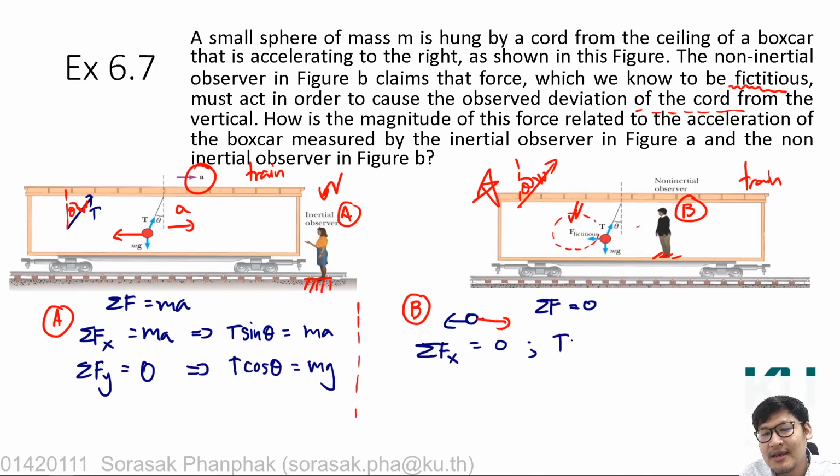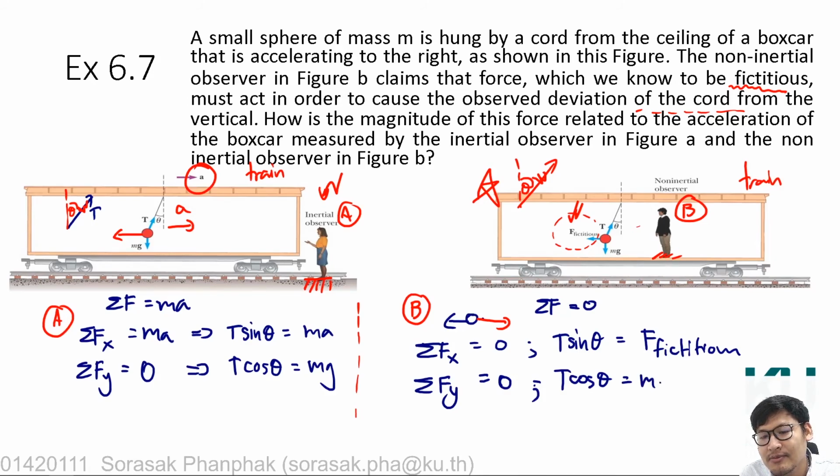You have T sin theta equal to F fictitious, and your Fy direction is equal to 0 as well, because the net force is 0, so you get T cos theta equal to mg.